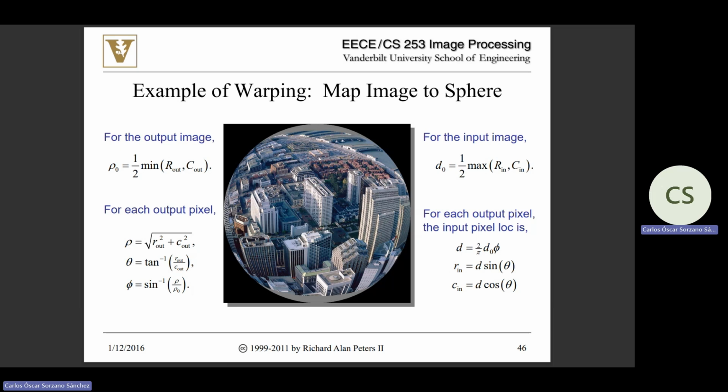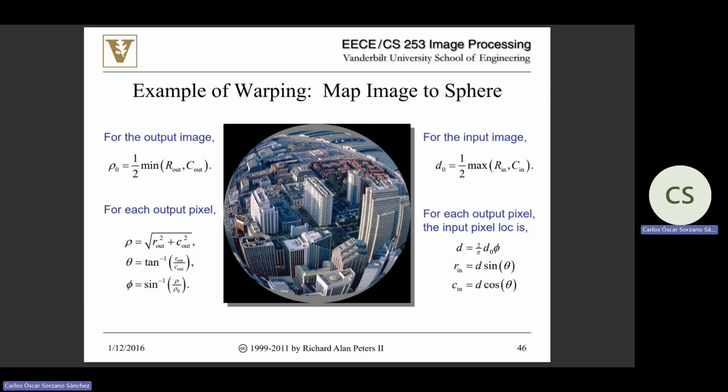Then for each output pixel coordinate, you compute its polar coordinate: this is the radius, this is the angle. Now we define another angle, phi, which is the arc sine of rho divided by rho 0. That gives you rho, theta, and phi.